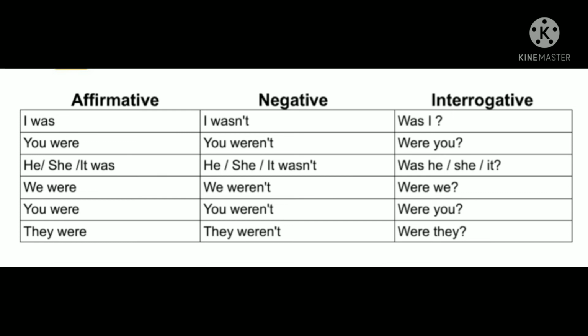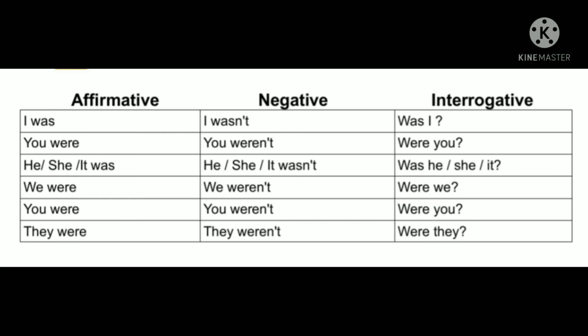So we have was I? And we have you were in the interrogative form: were you? And we have was with he, she and it: was he? Or was she? Or was it? And we have we were, which will be were we?